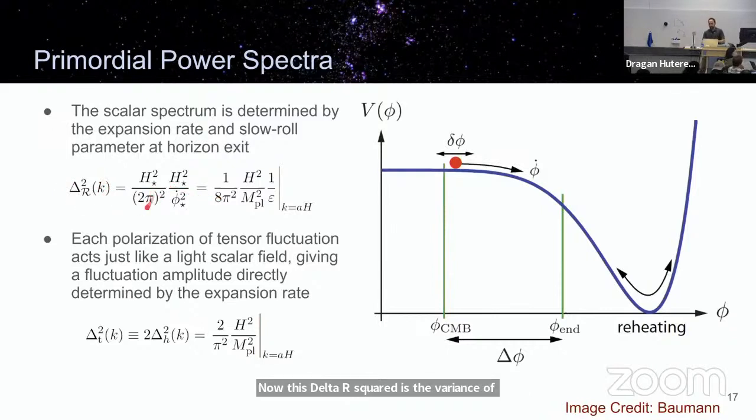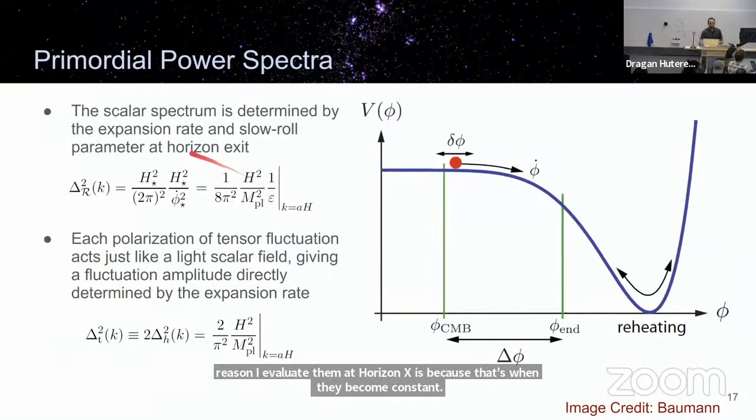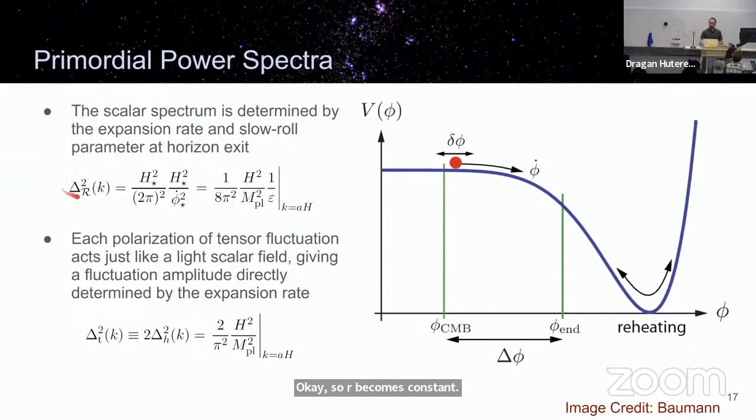Again, it's just the size of the quantum fluctuations times that factor that converts delta phi to R. What I get is a prediction that the variance is given by H squared over epsilon times some constants, evaluated at horizon exit. The reason I evaluate them at horizon exit is because that's when they become constant. Okay, so R becomes constant at horizon exit, and that gives me a prediction for the scalar power spectrum, the primordial power spectrum predicted by inflation.